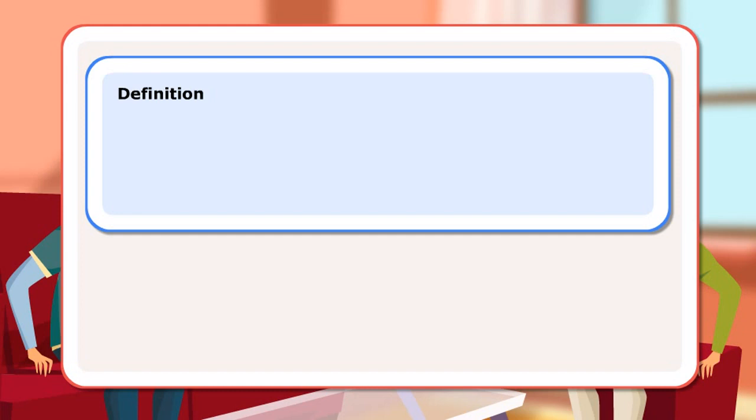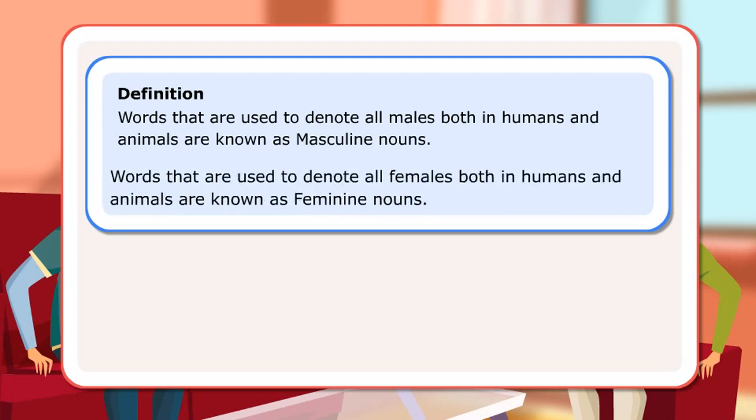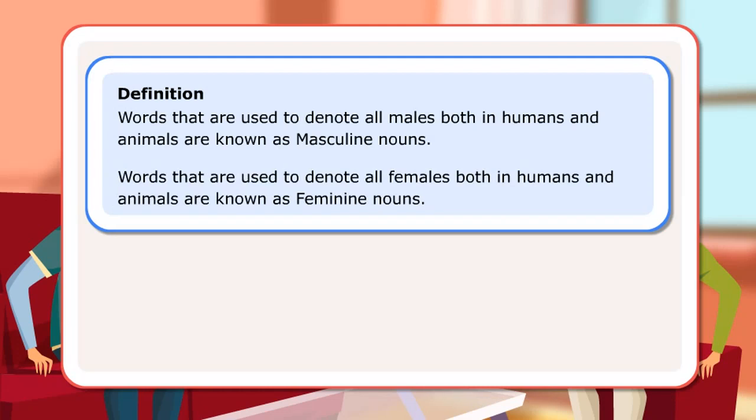Definition: words that are used to denote all males, both in humans and animals, are known as masculine nouns. Words that are used to denote all females, both in humans and animals, are known as feminine nouns.